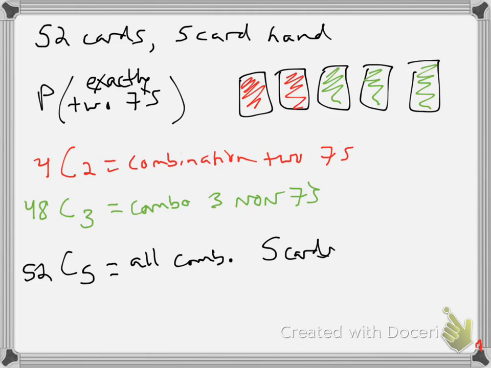Well, remember, we're going to multiply what we want and then divide by what we have. And so you would take 4C2 times 48C3 and divide that by 52C5.